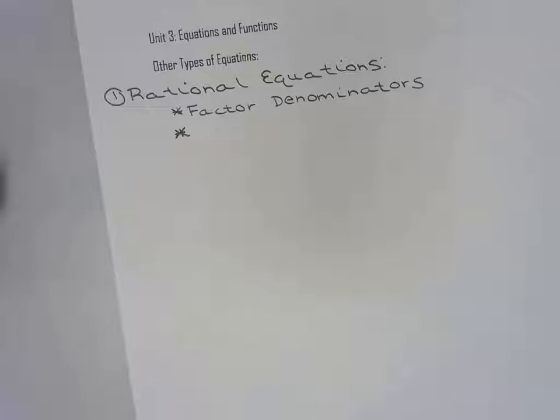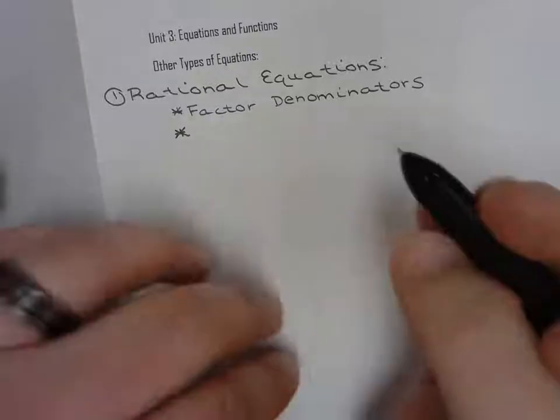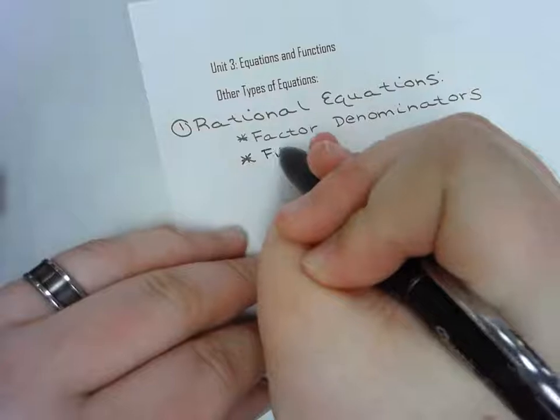Okay, so first thing you're going to do is factor the denominator. The second thing is you're going to find your common denominator. And we talked about how to do that last week. That common denominator, you're looking at kind of including every part that's in the denominator. It's kind of hard for me to explain. You just kind of have to pick up on it.